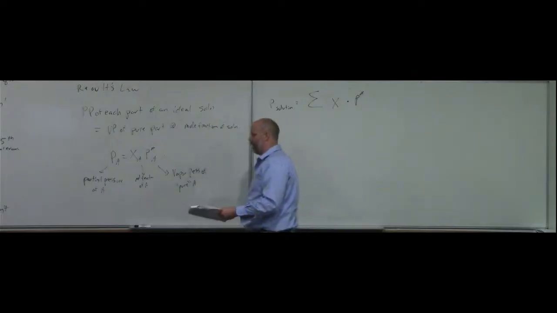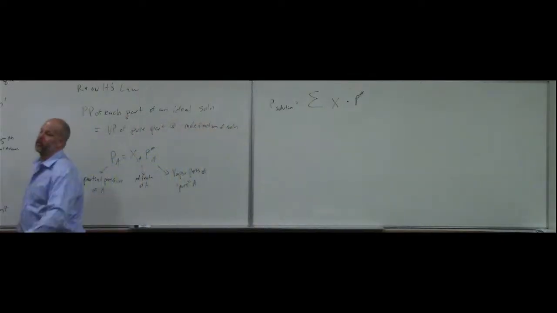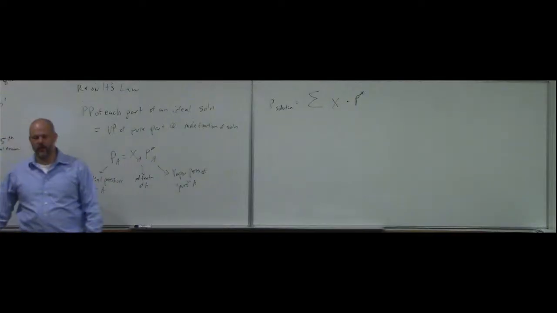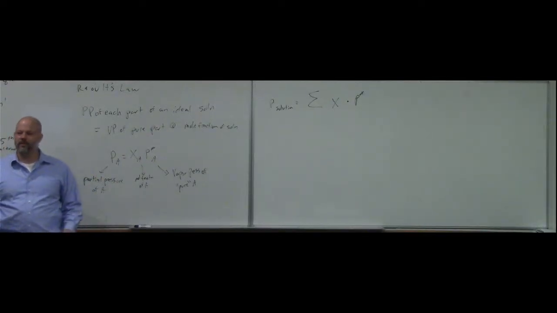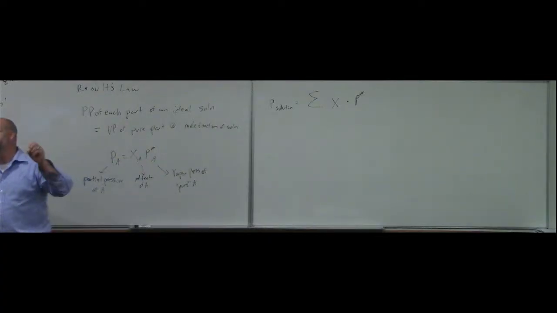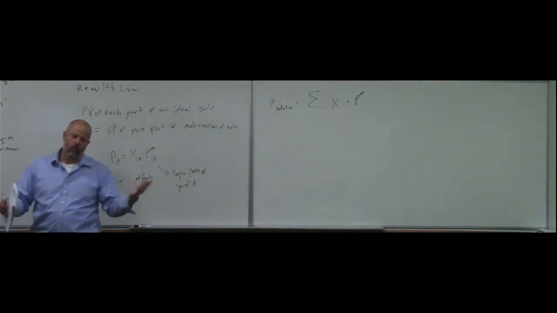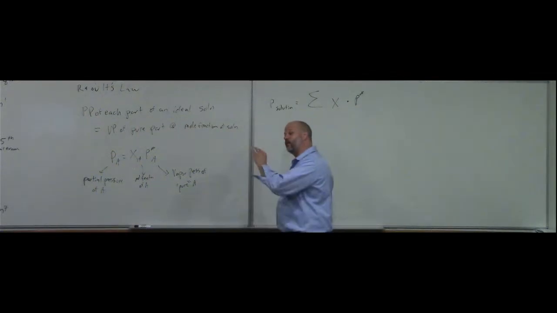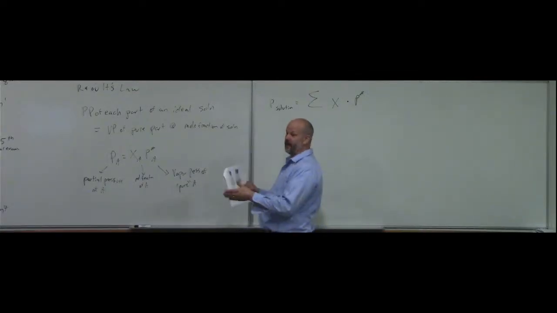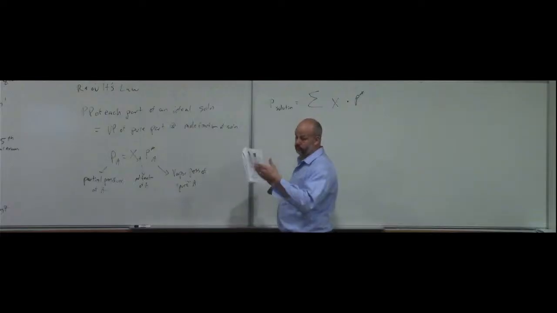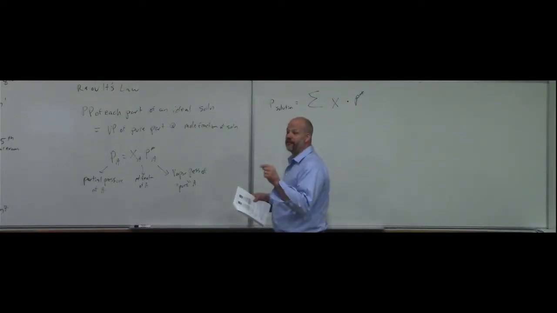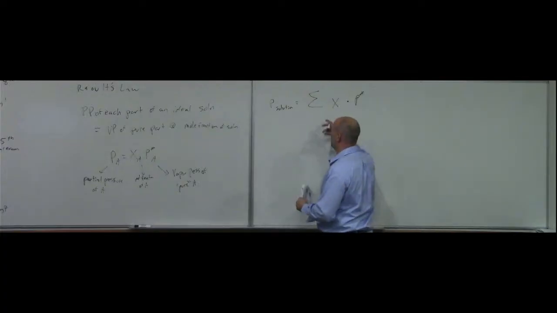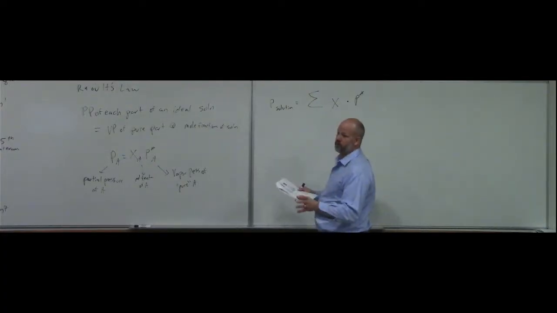So if I have a solution of water and corn syrup, which is not volatile really, then any vapor pressure in the atmosphere above it is due exclusively to the water, not to the corn syrup. But the corn syrup does matter because the number of moles of it interacting with the water is going to influence directly the vapor pressure of the water in a fixed way, according to our mole fractions and also according to a constant.